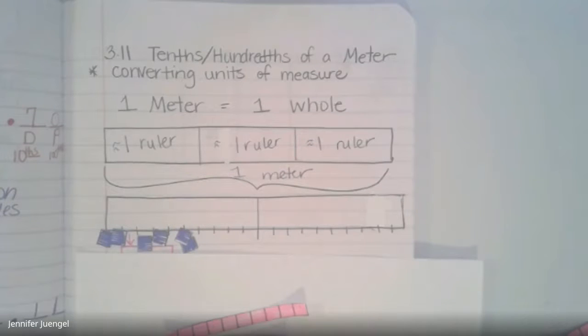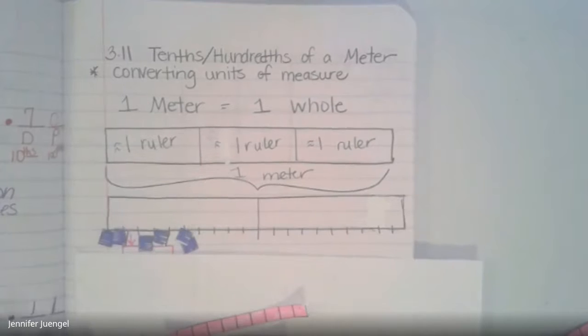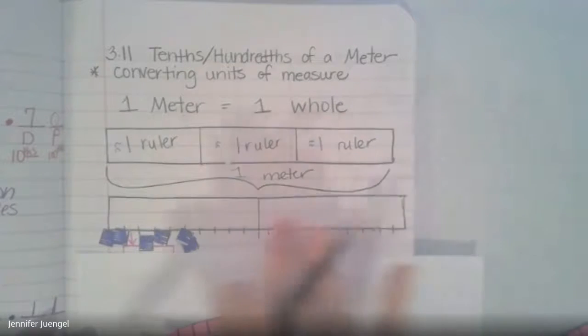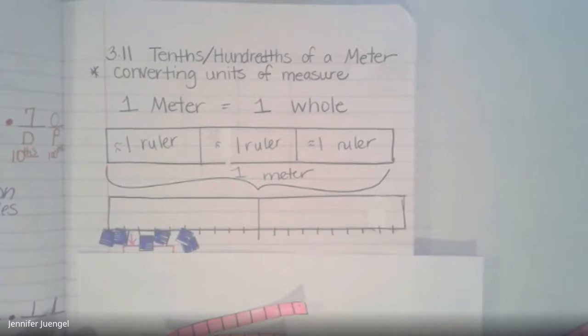So a meter stick is about the size of a doorway entrance. So try to imagine the door to your bedroom, or the front door to your house, or the door to our classroom. That's about a meter. So you can imagine that my page is going to be just a small part of that meter stick. So if 1 meter stick represents 1 whole, we're going to concentrate today on how to break that 1 whole into individual parts.